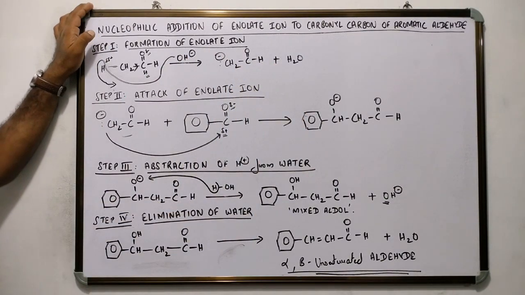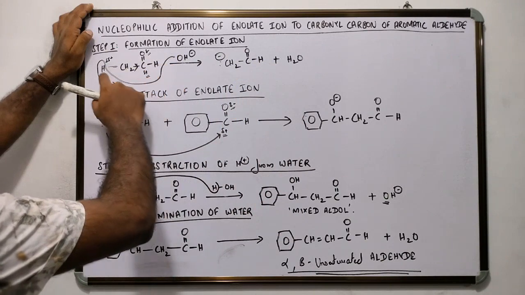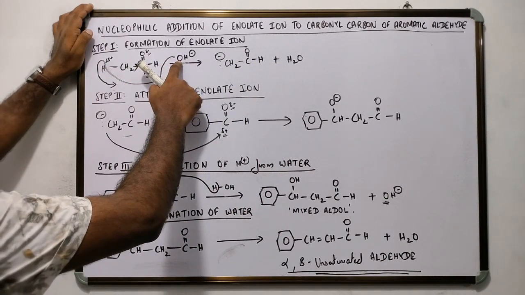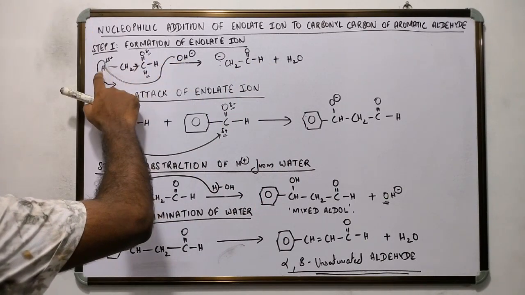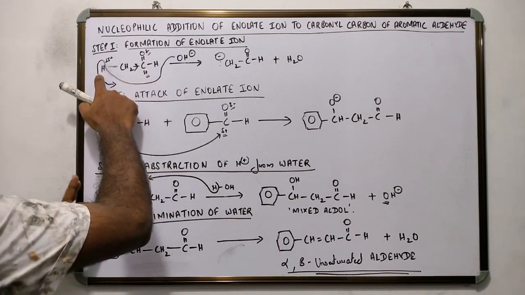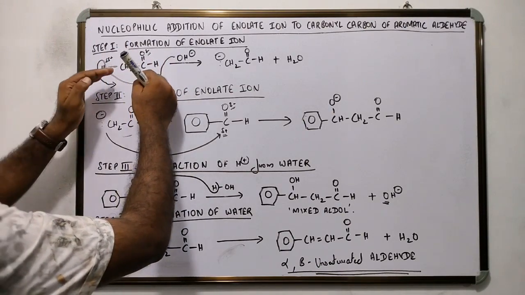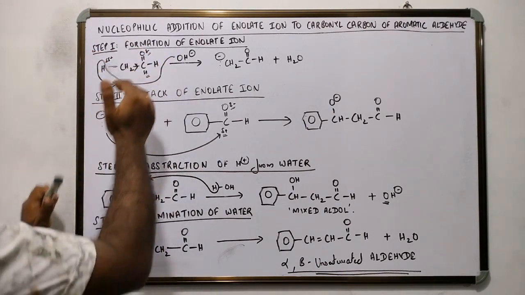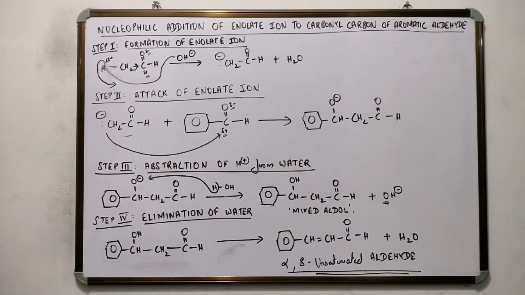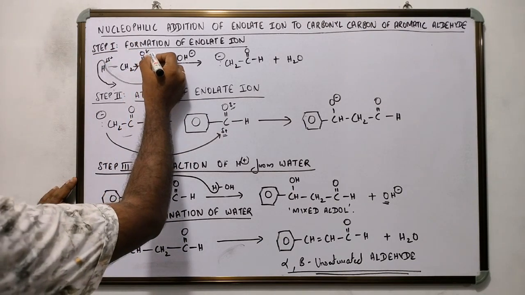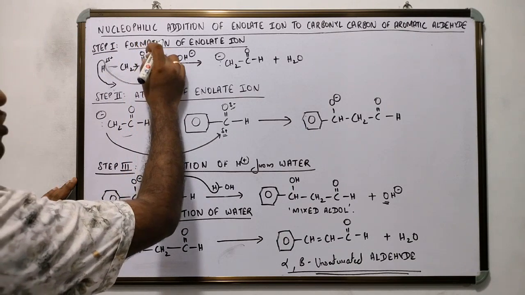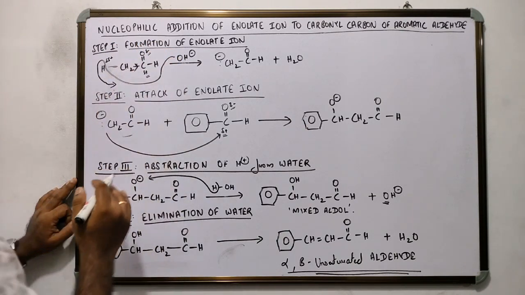It is quite easy to knock out a H for an OH. To know why it is easy, we have to scrutinize the structure of acetaldehyde or any aliphatic aldehyde. As you can see, this bond, the carbon double bond O bond here, is a highly polar one.